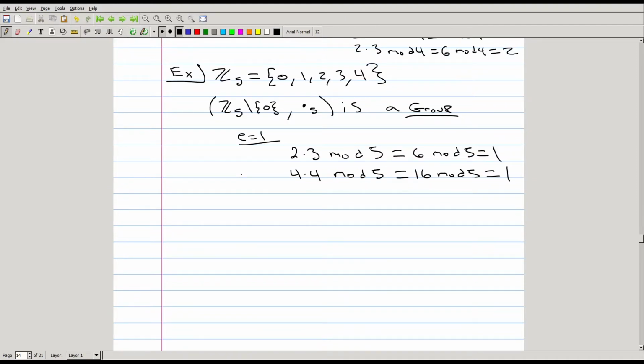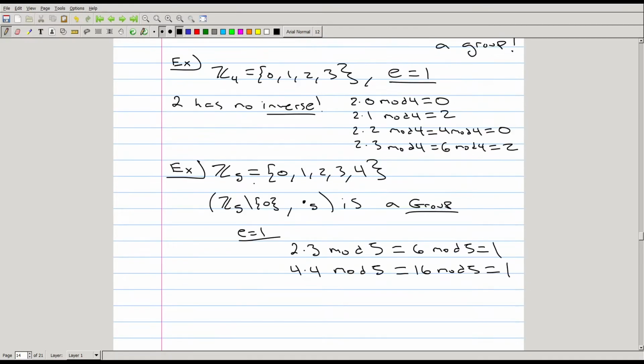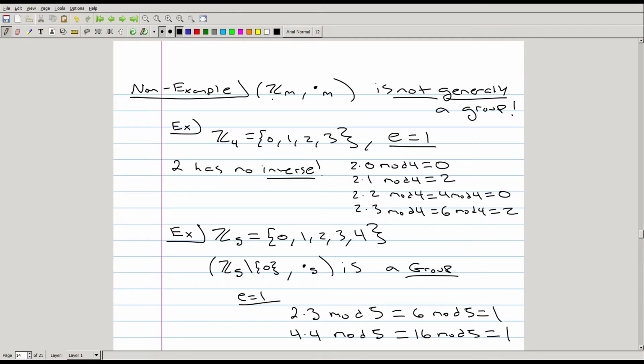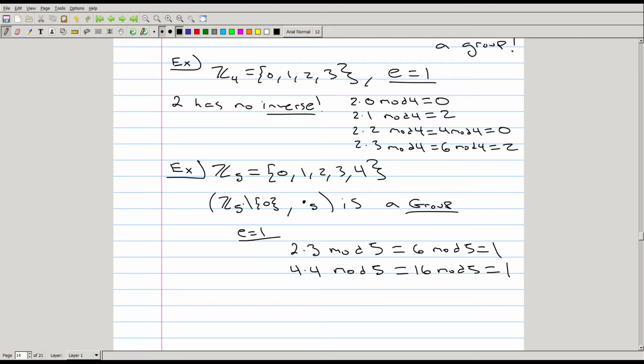This is a special example of a multiplicative group of integers, and it shows that even though this is not an example in general for certain integers, we actually end up getting a group structure with this modular multiplication. And what I want you to do is look at the differences between these two examples.